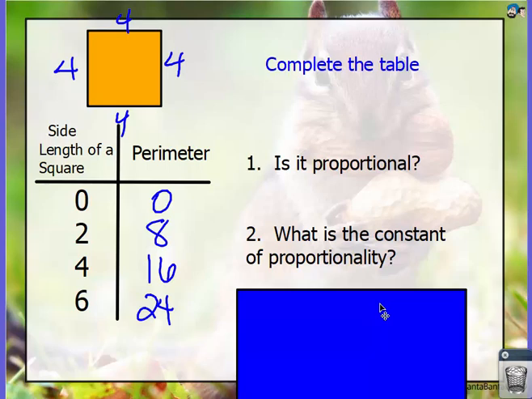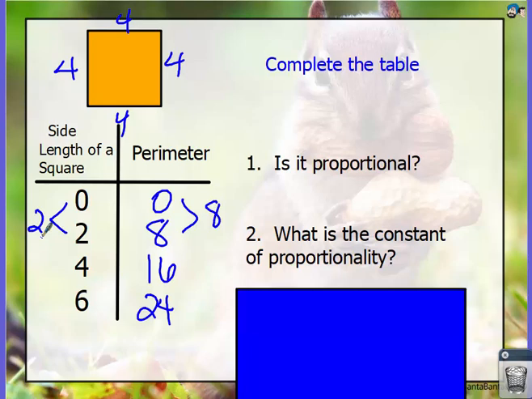If it is proportional, what is the constant of proportionality? Well, we talked yesterday that the constant of proportionality is the same thing as slope. In order to find slope from a T-chart, we find the delta y, which is 8, and the delta x, which is 2, and we divide those. 8 divided by 2 is 4.